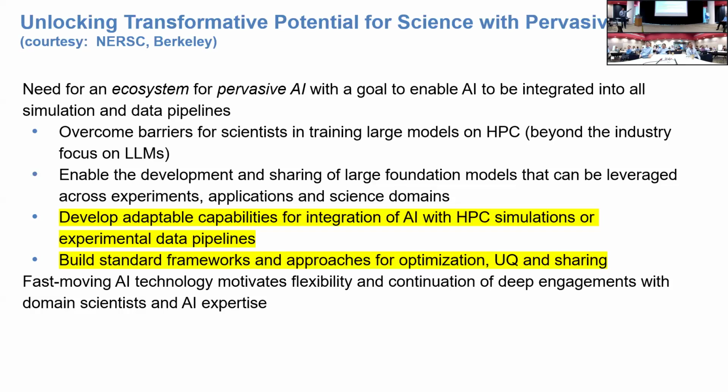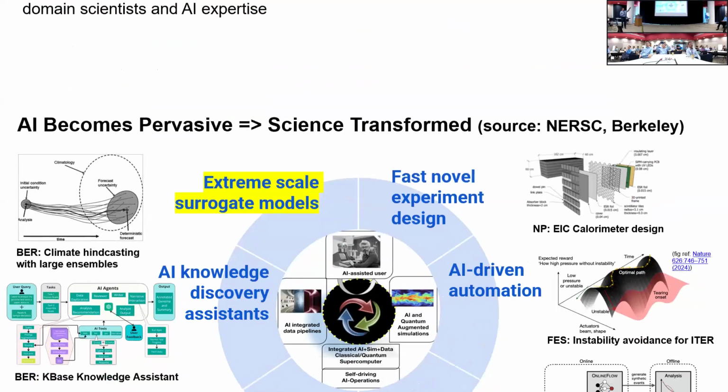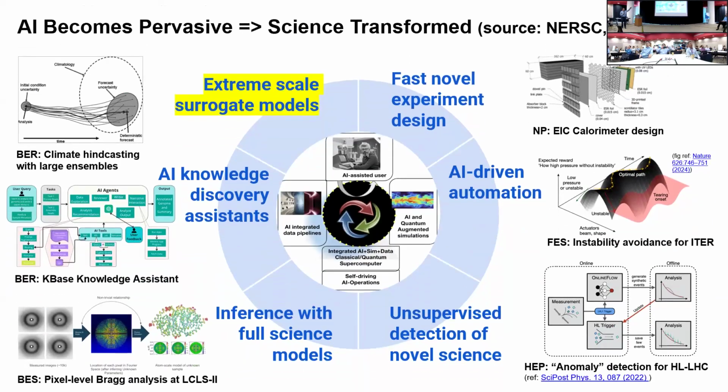And of course, there is also building frameworks and approaches for optimization and uncertainty quantification and sharing. One of the key pillars around which this is driven is the development of these extreme scale surrogate models. With this, my talk for the next 2 minutes is about examples of how we develop these surrogate models to address different problems in semiconductor design and in manufacturing.